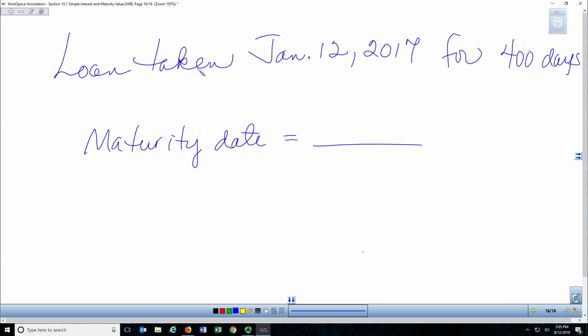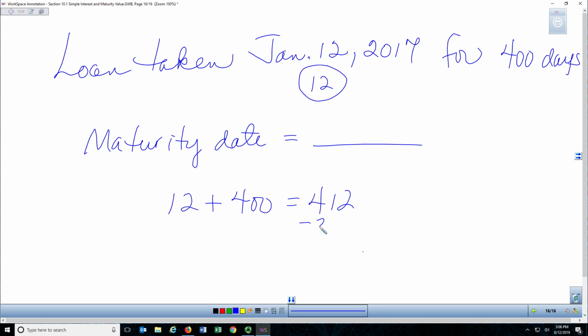So let's say the loan was taken January 12th, 2017 for 400 days. The day for January 12th is day 12. That's easy. January is always easy. So 12 plus 400 is 412, but there's only 365 days in a year. This is not a leap year, and 2018 was not a leap year.